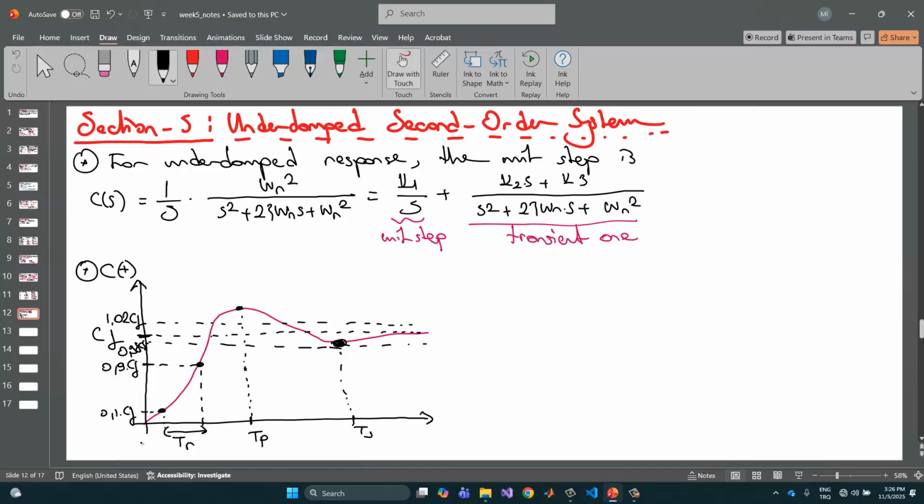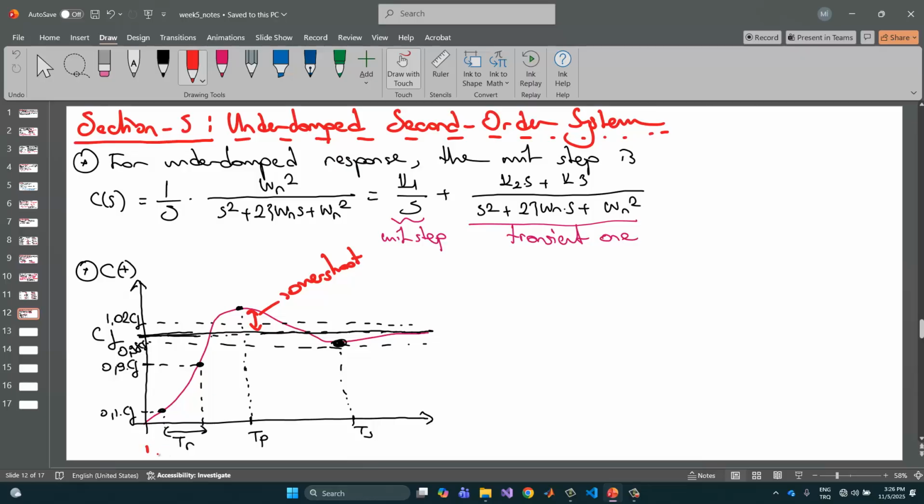So, if we have this kind of information, we should define other parameters in here. For example, this is the steady state value in here, and this one defines the overshoot, okay?